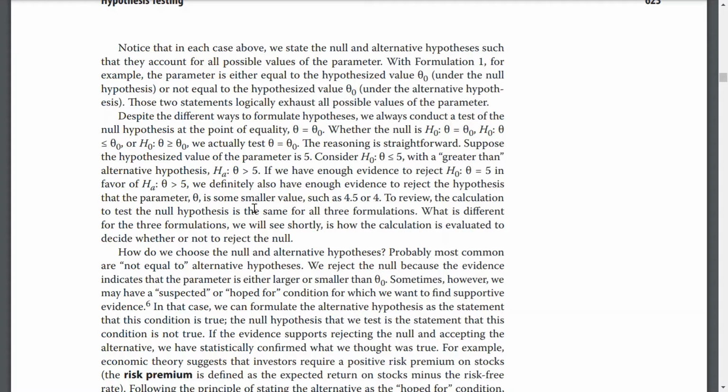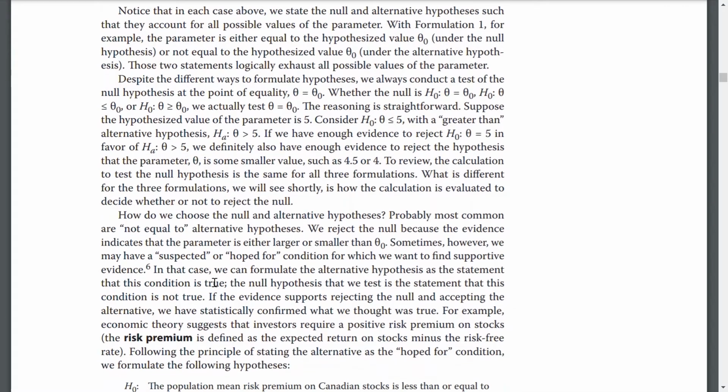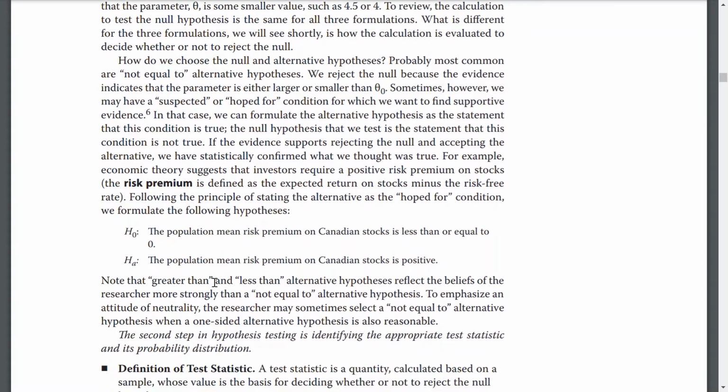How do we choose the null and alternative hypotheses? Probably most common is the not equal to alternative hypothesis. We reject the null because the evidence indicates that the parameter is either larger or smaller than theta sub 0. Sometimes, however, we have a suspected or hoped-for condition for which we want to find supportive evidence.